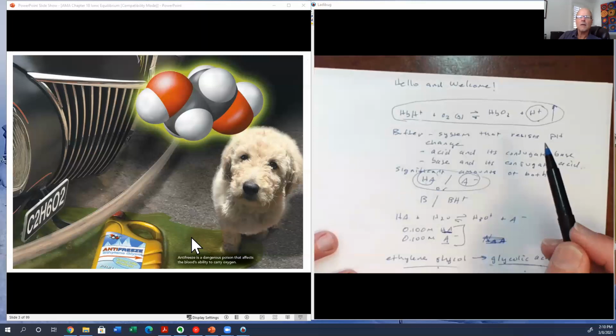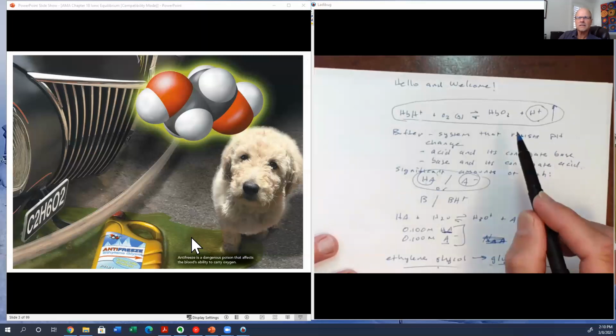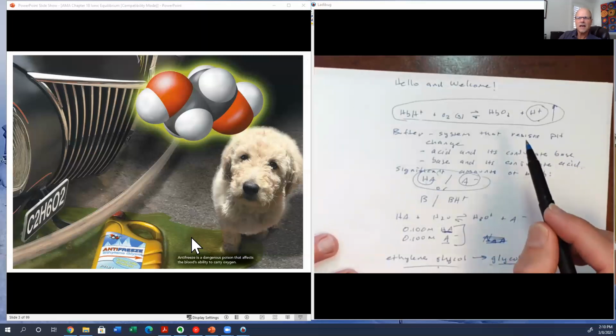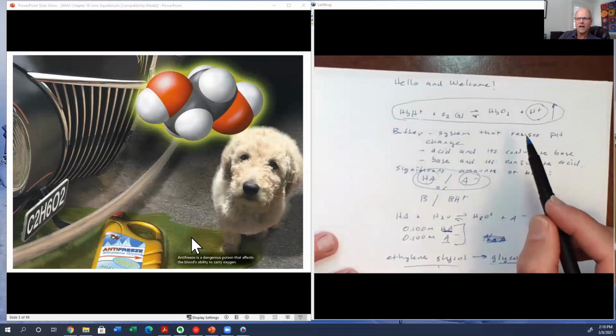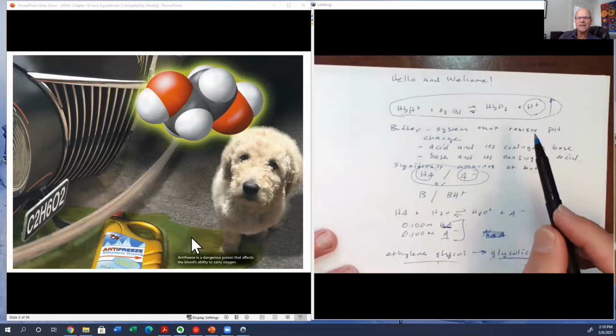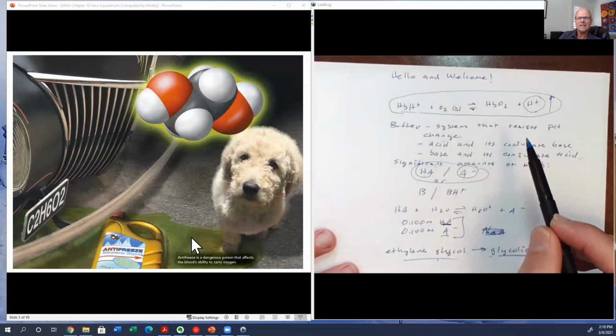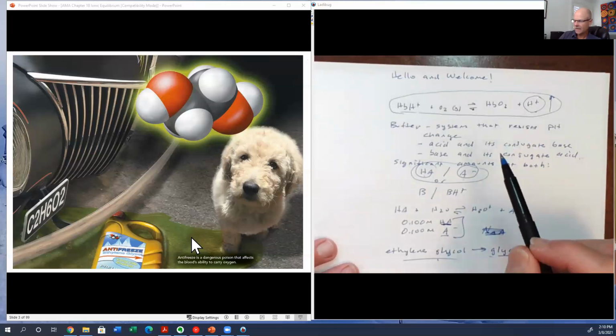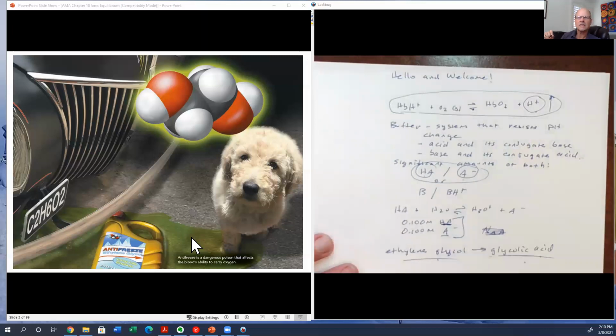Surprisingly, the treatment for this is to give the dog ethanol or vodka. As weird as that sounds, the ethanol in the vodka gets preferentially converted in the liver, and the ethylene glycol is then eliminated in the urine.